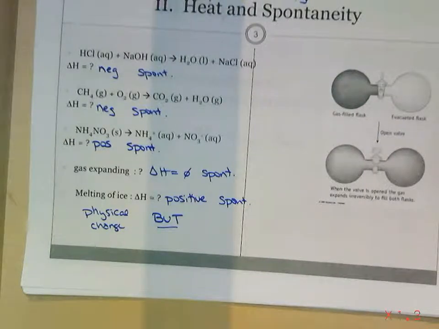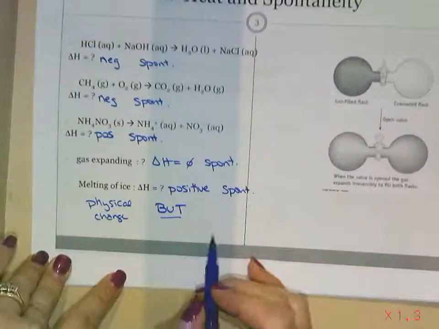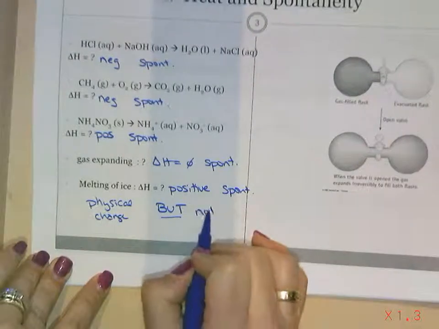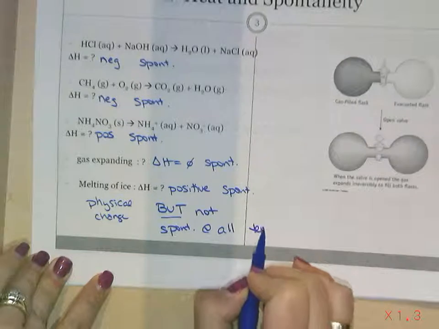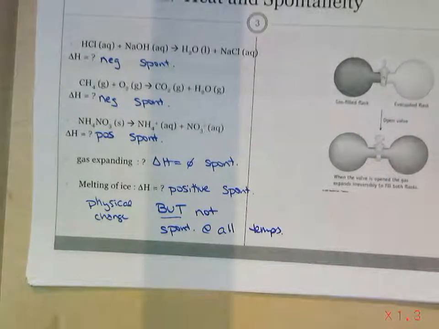But if I put my ice cube out in summer in Georgia, it's hot enough now that it is going to be spontaneous. Not spontaneous at all temperatures. You can think about the opposite too. Think about freezing ice. That ice will definitely freeze at certain temperatures, but not other temperatures. So it's spontaneous some of the time, but not all the time. So there must be more to this.